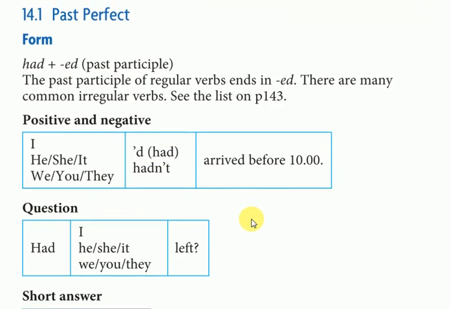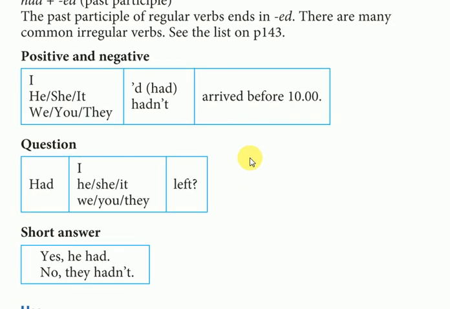To make the question, we use the helping verb had before the subject. Had I left, had he, she, it left, or had we, you, they left. With all the subjects, whether it is I, we, you, they, he, she, it, we use just had.